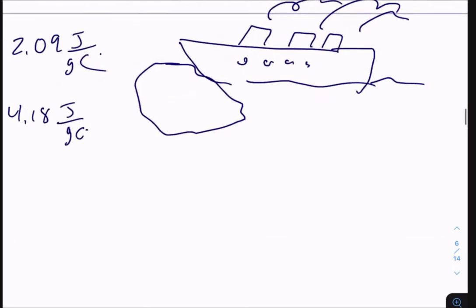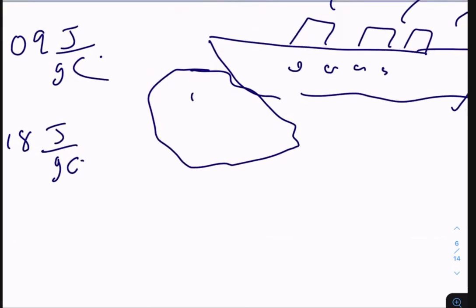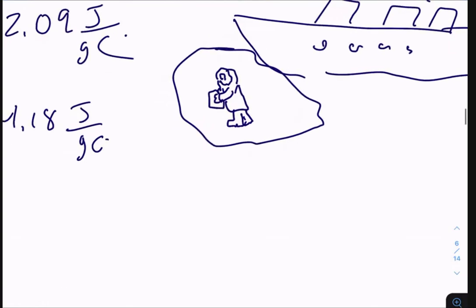You hop out, and you want to recover a chunk of Arctic ice in the name of science.